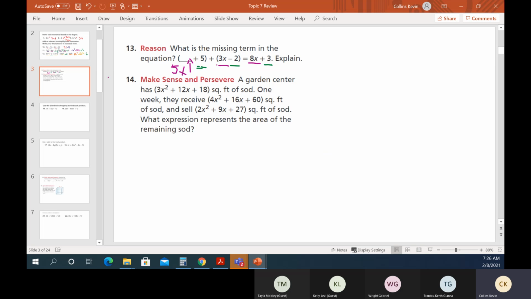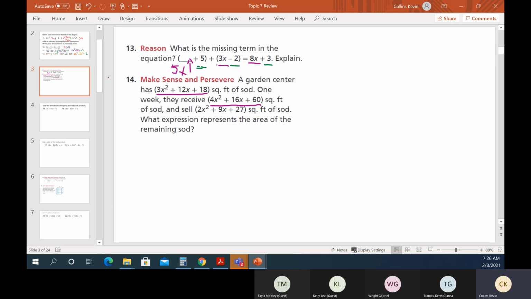It says what expression represents the area of the remaining sod? Okay, so they had this much stuff to start with, right? And then they got a truckload in of this much. So basically we're going to add those two guys together, and then what we sell we're going to subtract off.